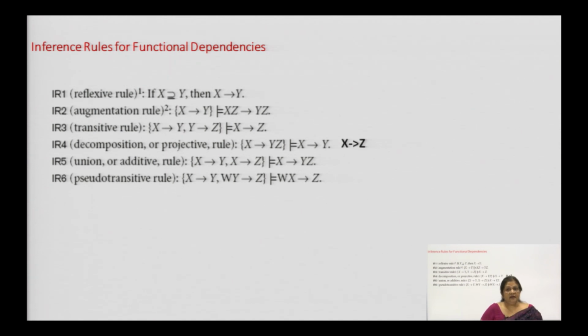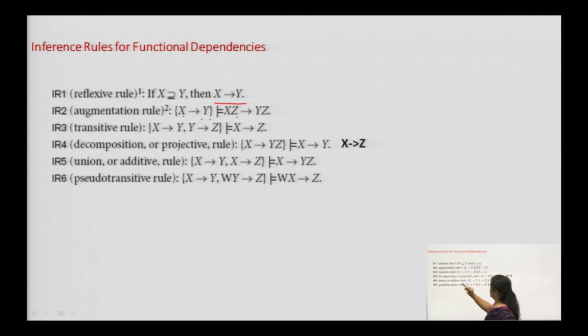Now, we just said that functional dependencies can be inferred from the given set of functional dependencies. These are some of the rules for inference. The reflexive rule: if x is a superset of y, then x determines y. Augmentation rule: if x to y is given, then we can augment any attribute on both the sides.